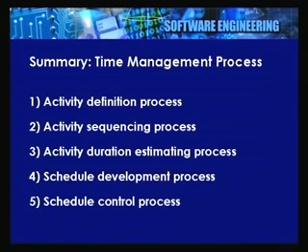To summarize now, we can say that the project time management process is aimed at making sure that the project does get completed on time. It consists of basically 5 sub-processes. First is the activity definition process.